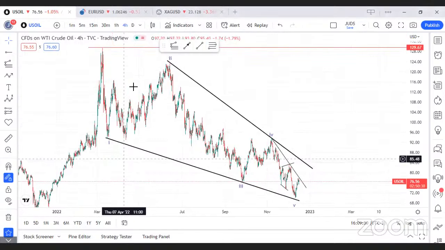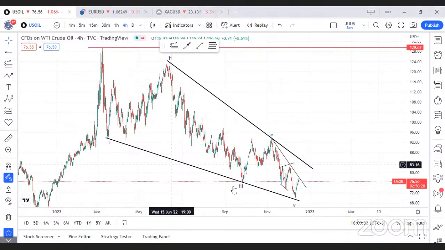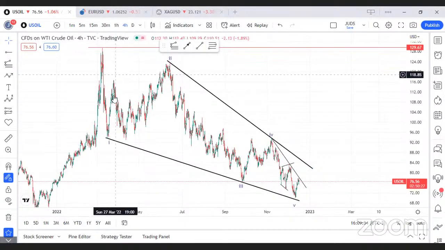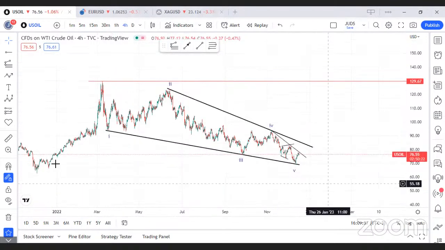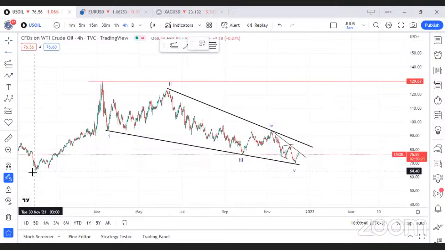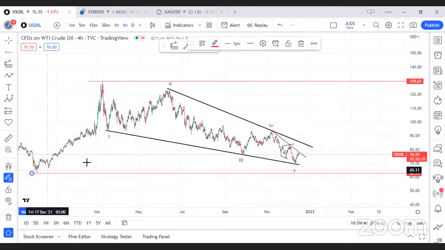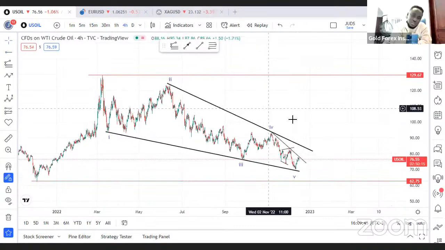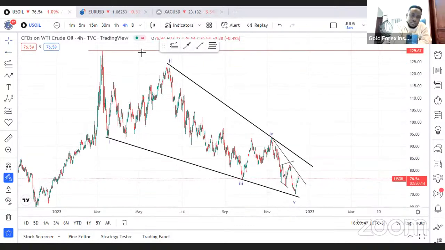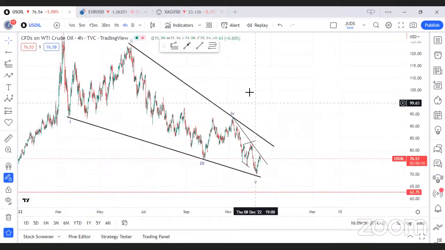So I'm seeing the entire corrective phase either like a flat correction, or I'm seeing this whole thing as a leading diagonal.